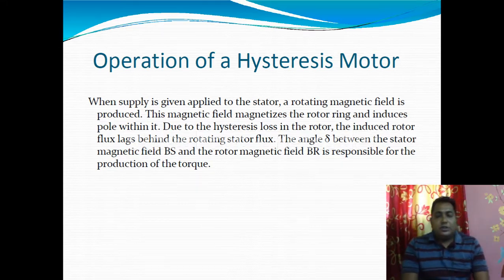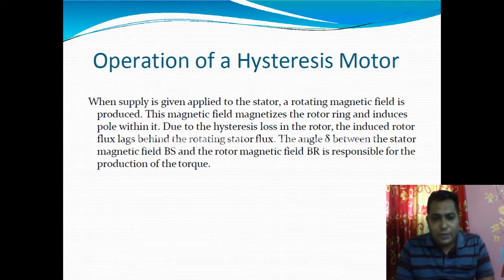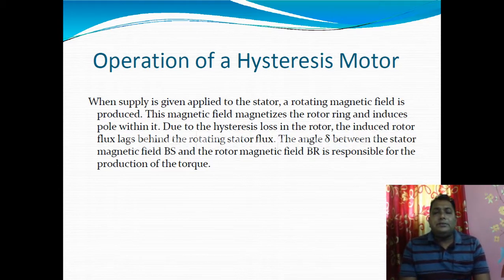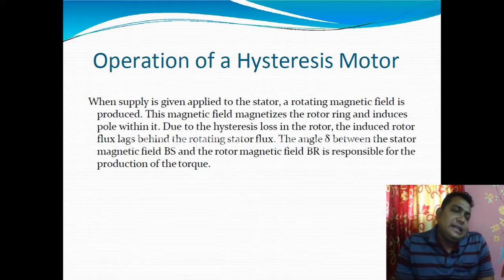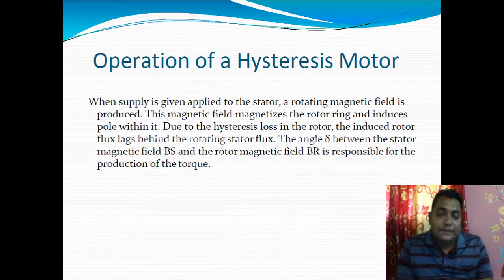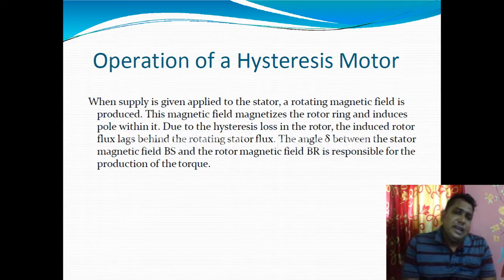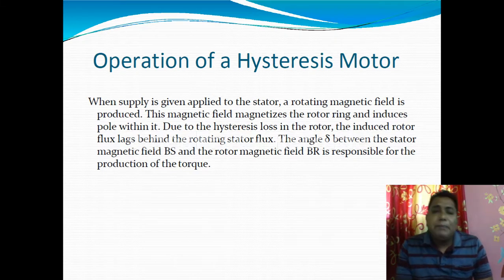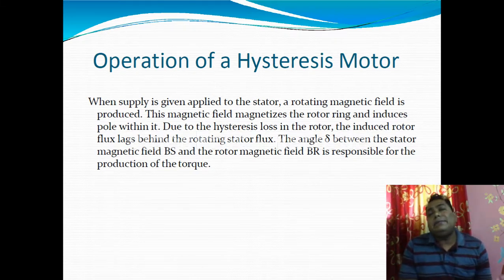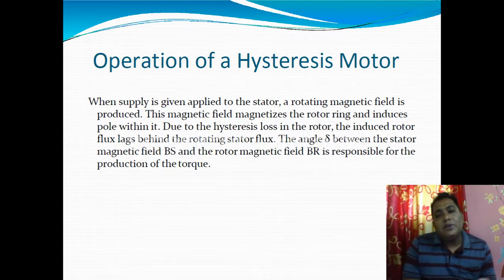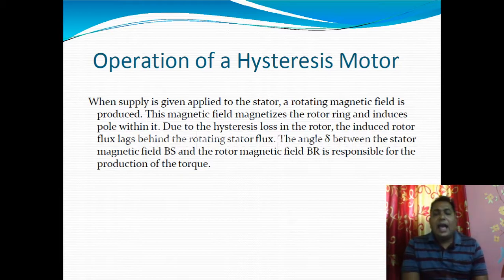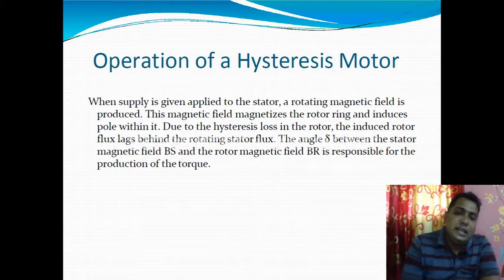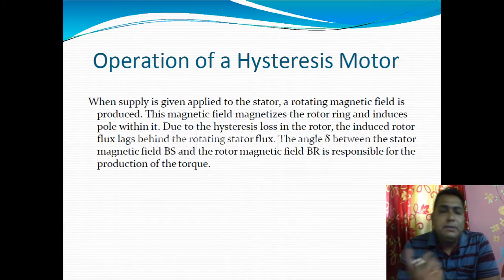the torque. So that means when we give the stator supply, maybe single phase, maybe three phase, it generates a magnetic field. That magnetic field is cut by the rotor, so there is magnetization in the rotor, and in the rotor magnetization ring the induced poles will be generated.